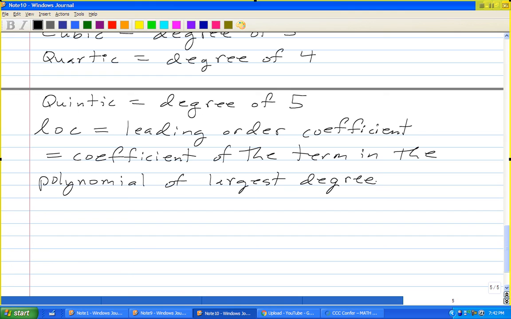So that term in the polynomial that has largest degree, whatever the coefficient is of that, that's called the leading order coefficient.